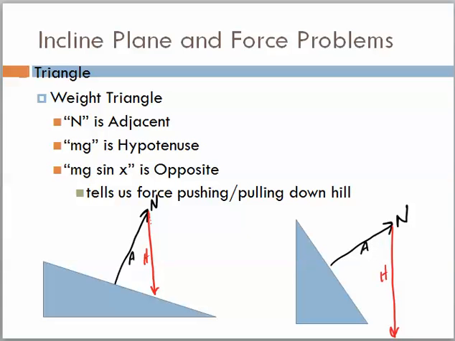The last component that we want to talk about here is the opposite side. Depending on how much the incline is, the opposite side dictates how much force there is pushing or pulling an object down the hill. On a small incline, there's only a very small amount of force pushing something down the hill.